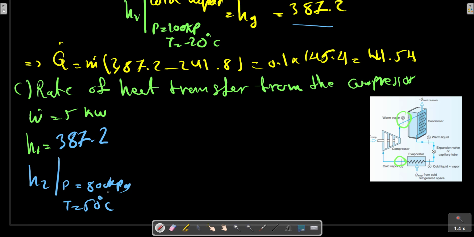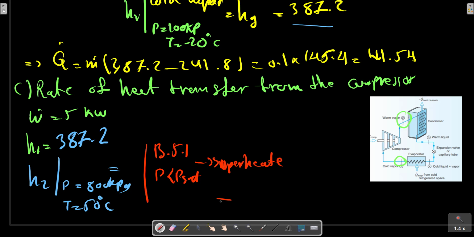Checking with table B5.1, the pressure is smaller than P saturate, so we have superheated vapor. Checking from B5.2, at the pressure and temperature 50 degrees centigrade, we have H. You can check with the tables.